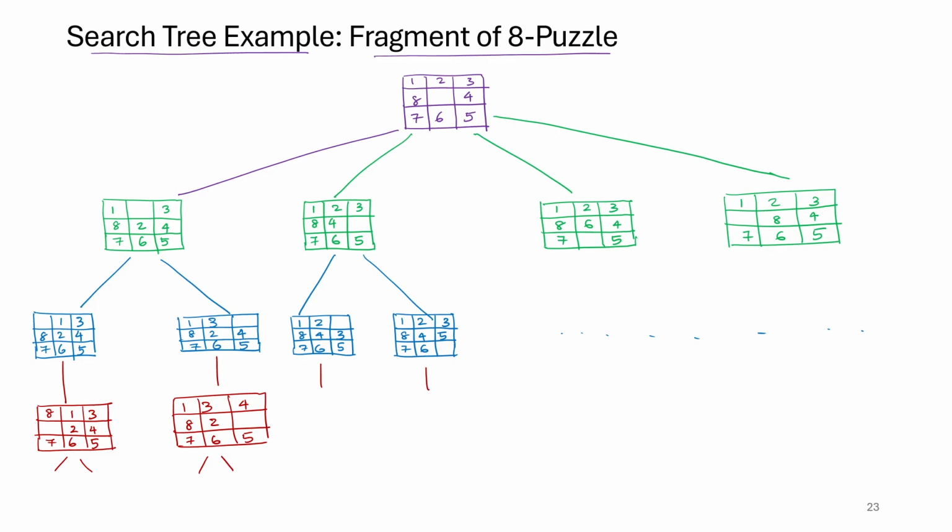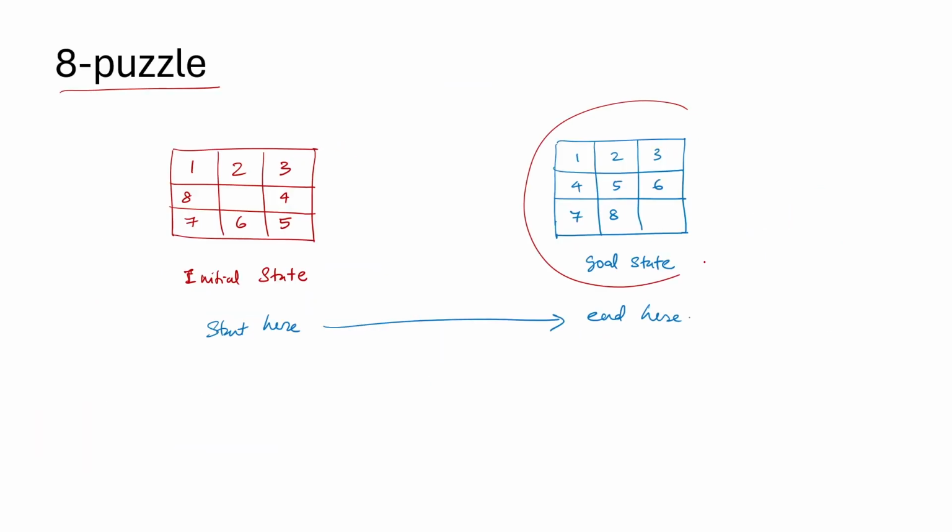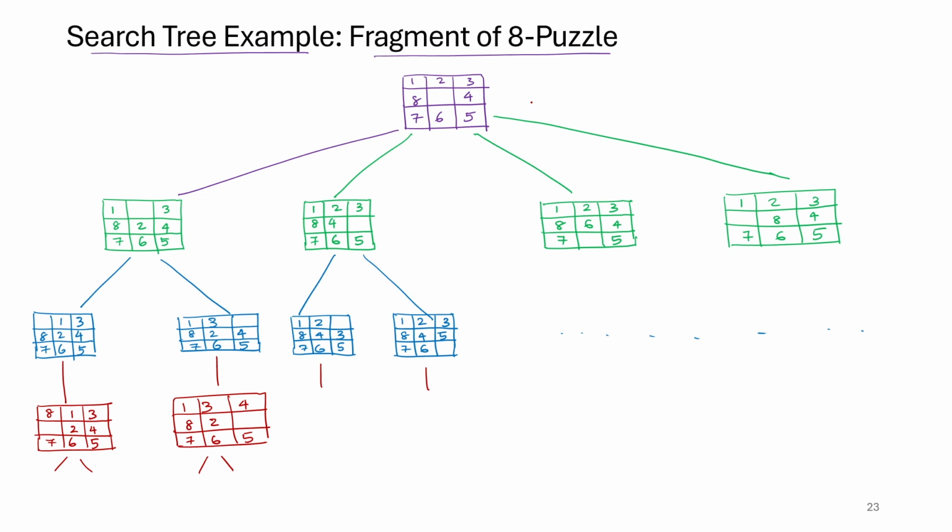If you imagine elaborating this whole thing until we reach the goal state, okay, how do we reach there? We can see this tree will not be sufficient, it will be a very large system. So, now I will leave the rest of the work for you to go through.